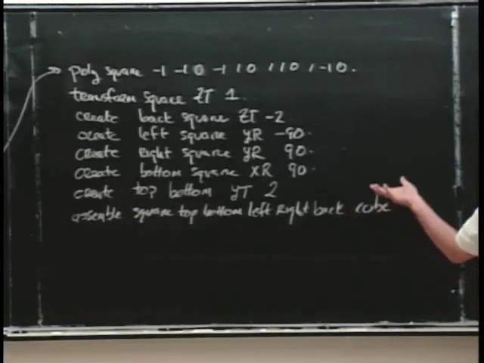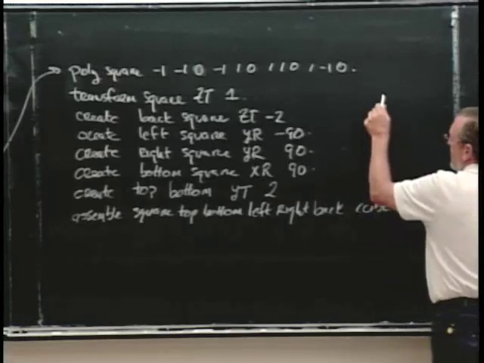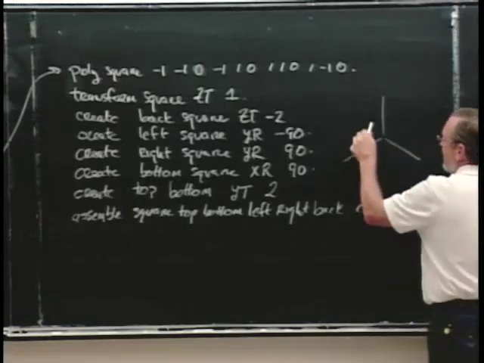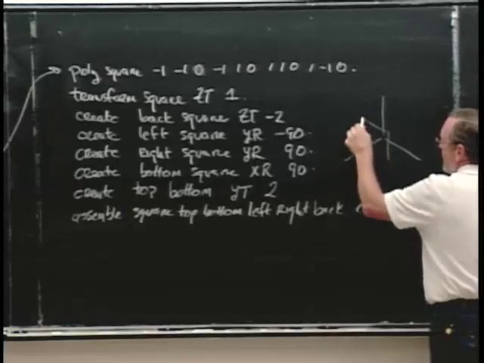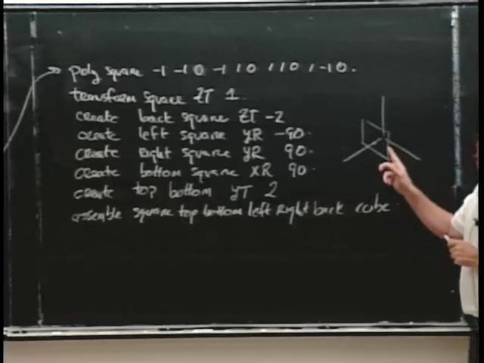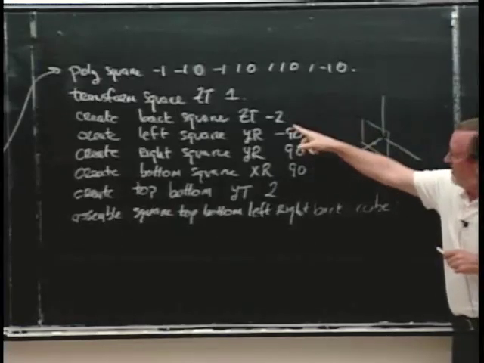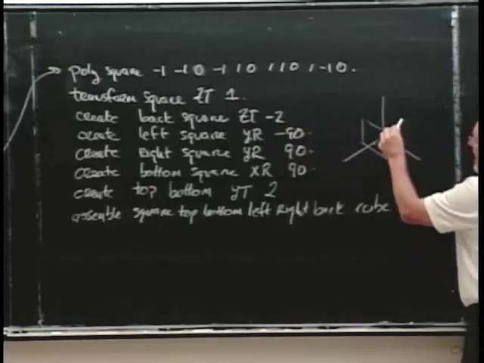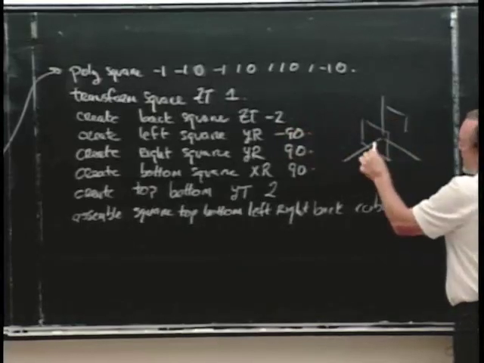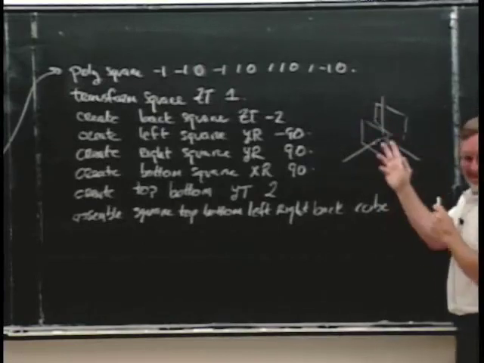Now you see what I've done with all these things? I've taken my square, see if I can draw it, and I've translated it out 1 unit on the Z. I then created a back, which is back here, by translating it backwards.